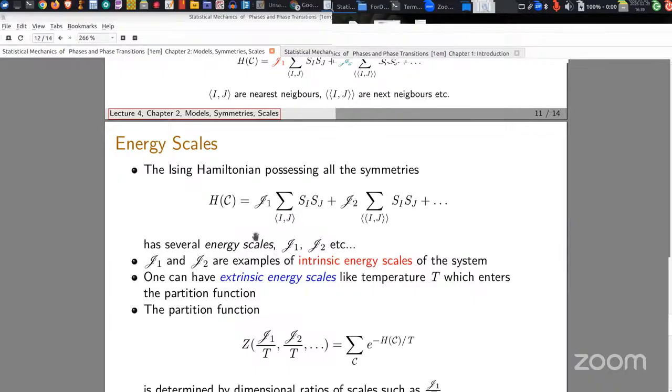Just for simplicity, let's assume all the interactions are ferromagnetic. So all these J's are positive. Then later in the course you will be able to see that the higher neighbor interactions are not important. They will turn out to be irrelevant.